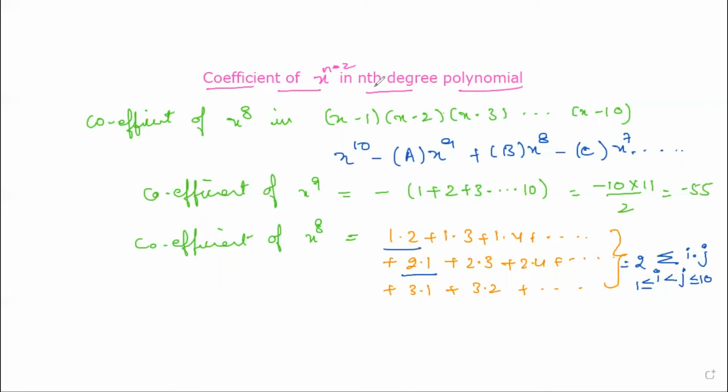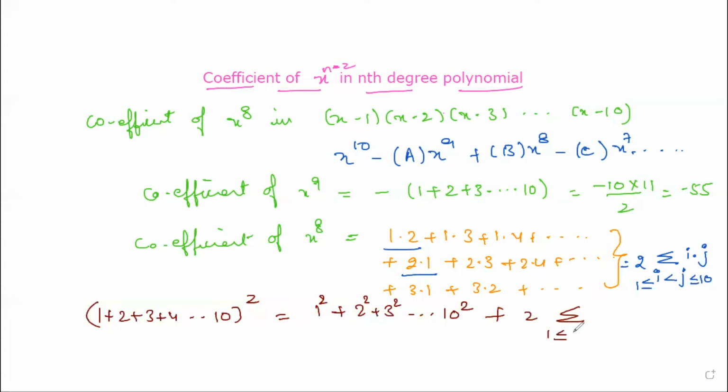And for this, let us consider (1 + 2 + 3 + 4 till 10) whole square, which we can write as 1 square plus 2 square plus 3 square till 10 square, plus 2 times sigma, 1 less than or equal to i less than j less than or equal to 10, i into j.